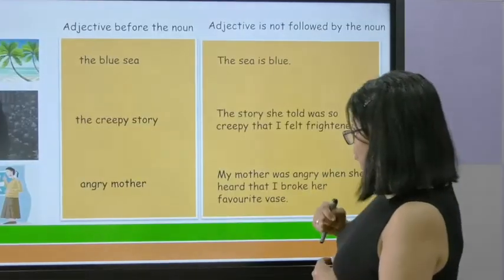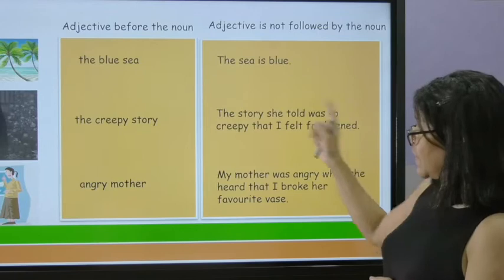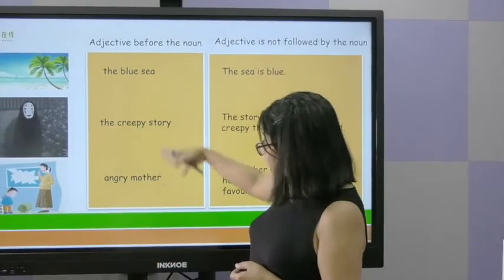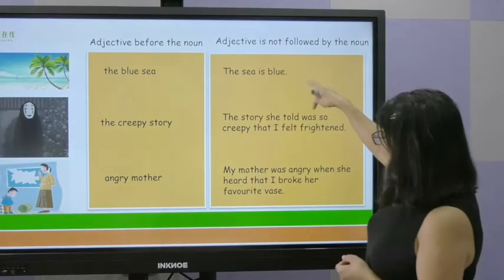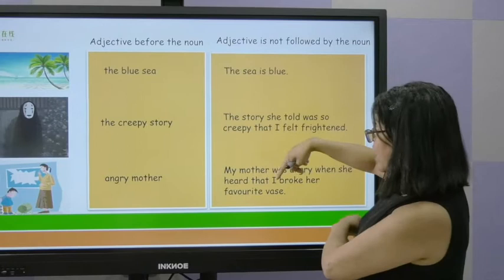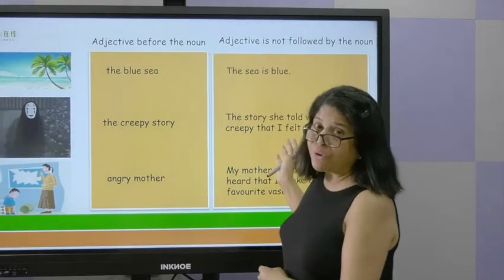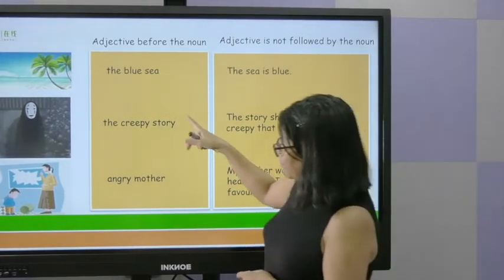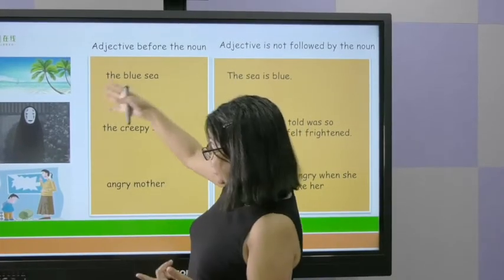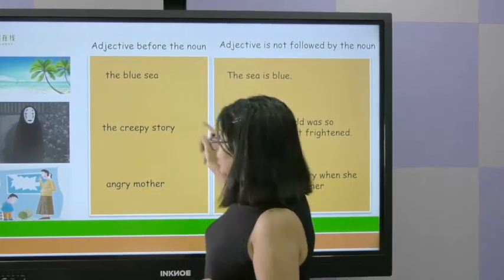Let's look at some more. All right, here you can see the difference, where you have the adjective before the noun here, and then here is where the adjective is not followed by the noun. You actually have it the other way around. The noun is before the adjective. Let's look at them. And you got the pictures to help you see it in your mind as well. The blue sea.